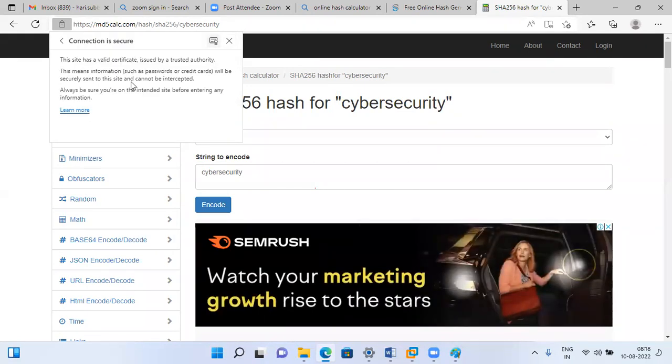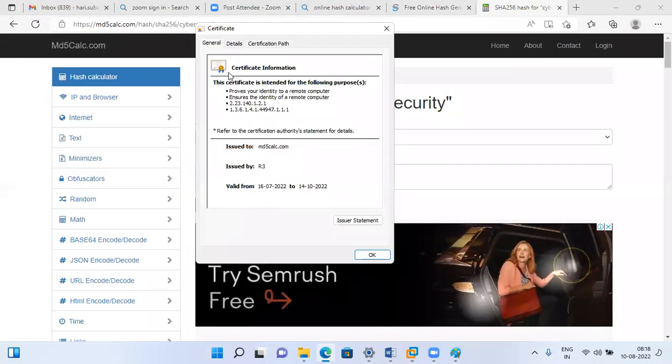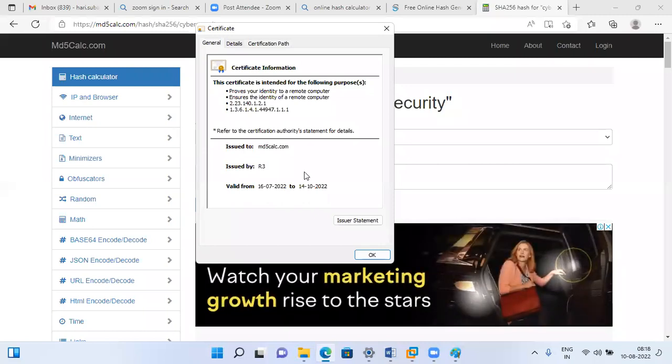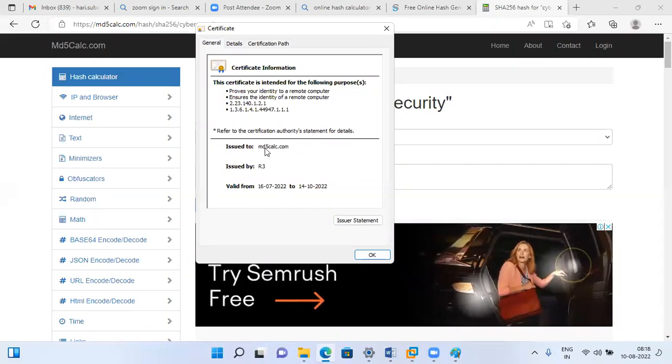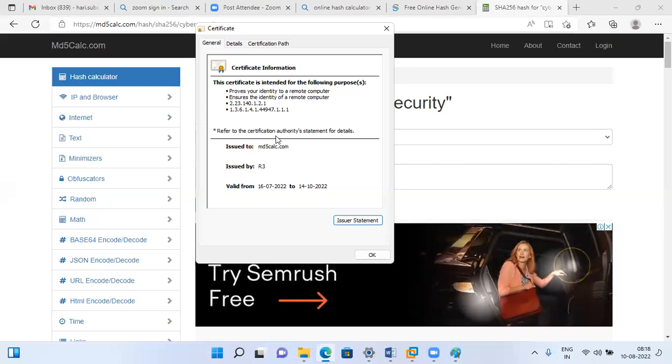Here it is, the certificate details. These certificates will be issued by one certification authority that is called CA. What is the certification authority here? MD5 calc is issued by R3. R3 is a certification authority which gave this digital certificate to this website.